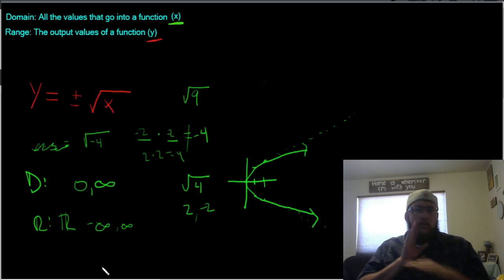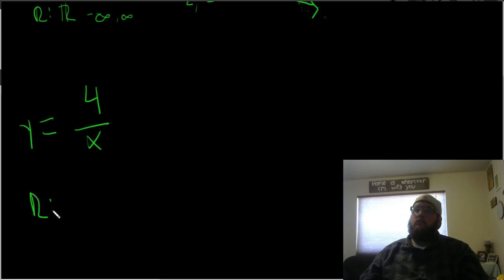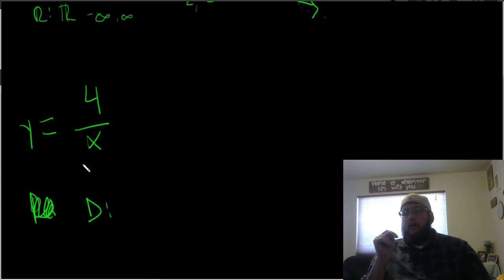For range, you need to think about the kinds of answers you could get. So for example, if we had this, well, our range would be something crazy, because if you think about our domain, we think about what we can plug in here. Well, we can't plug in 0 because that makes us all crazy.